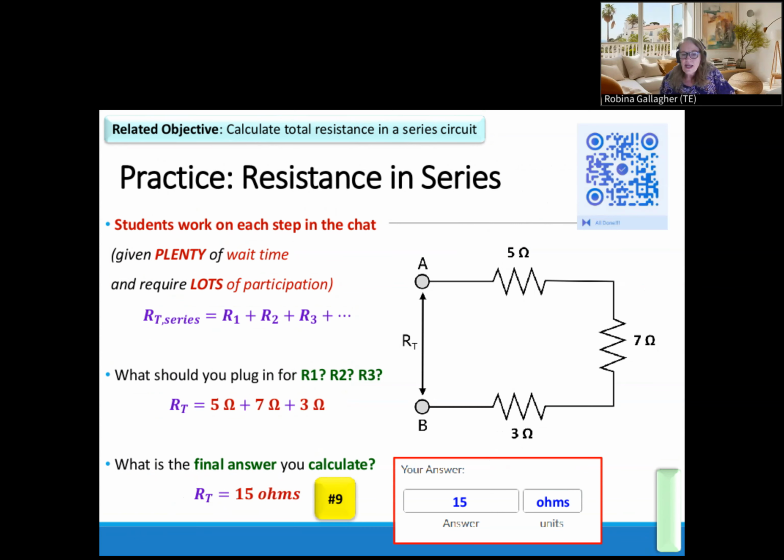So that's the answer to number 9, 15 ohms. Make sure you spell ohms right, by the way.